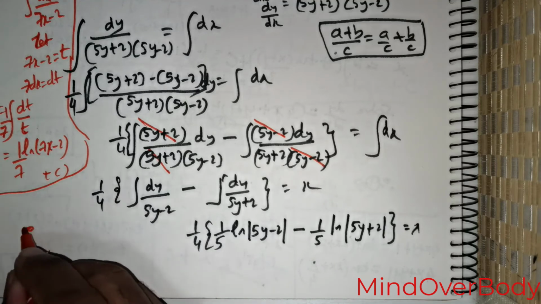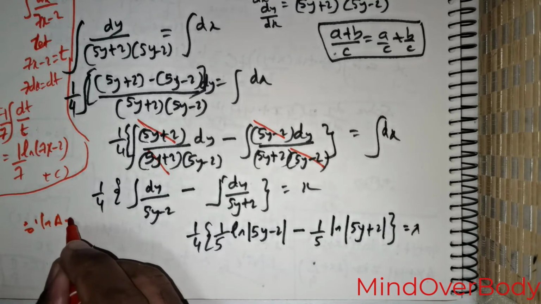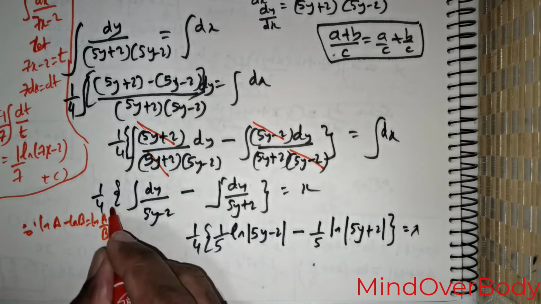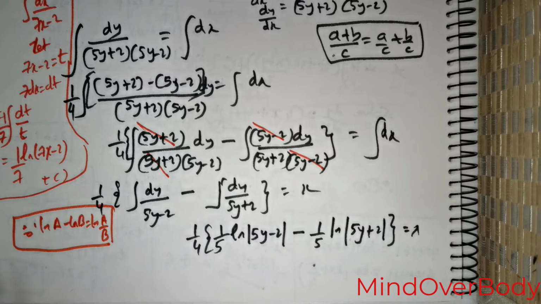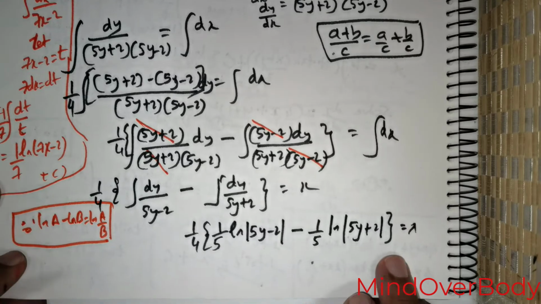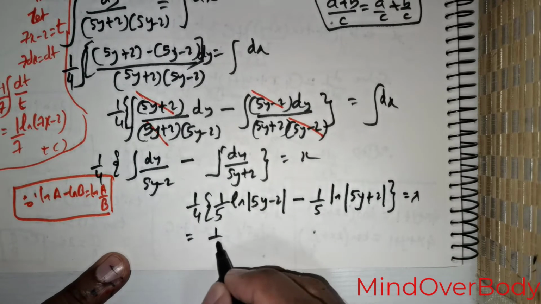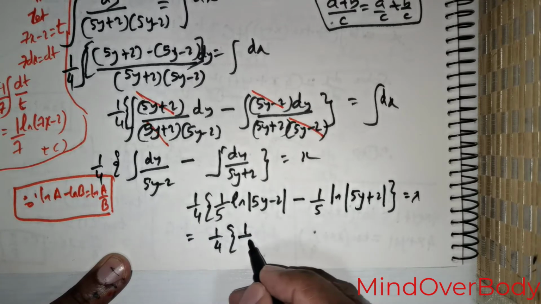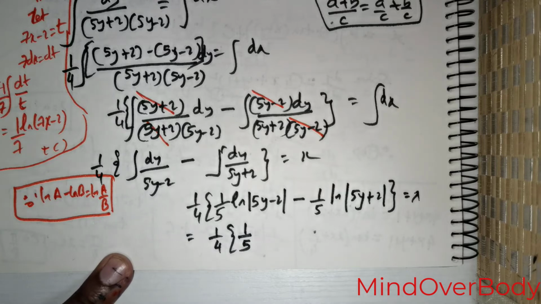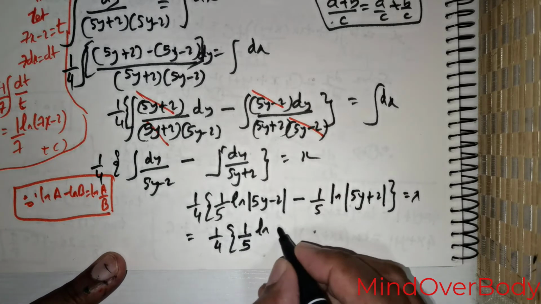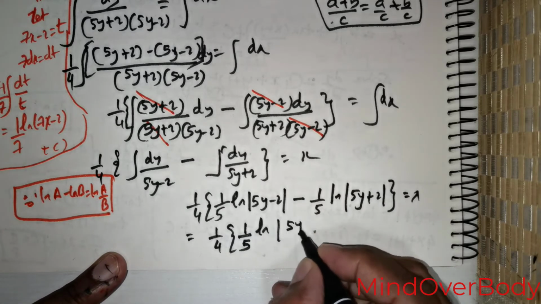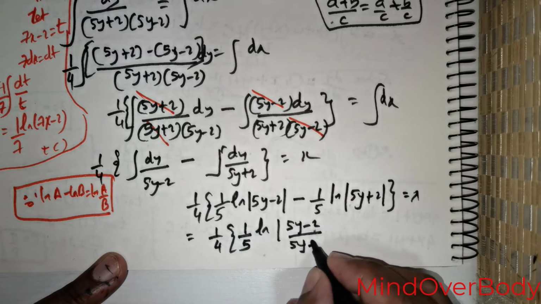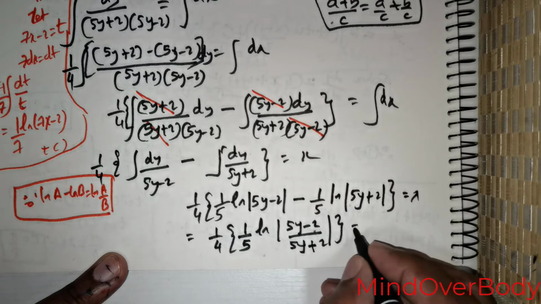Now we know a law. What is a law? We know that ln of a negative ln of b is equal to ln of a over b. So by this, I can rewrite this as 1 over 5, taking 1 over 5 out, ln of 5y negative 2 divided by 5y positive 2 is equal to x.